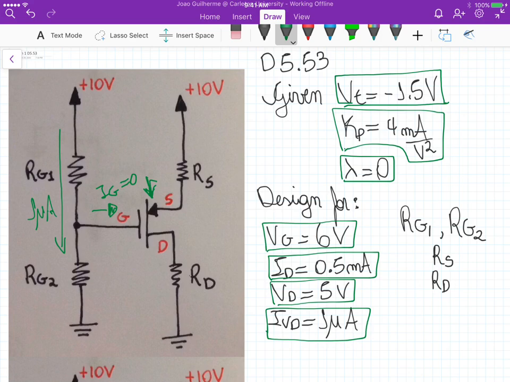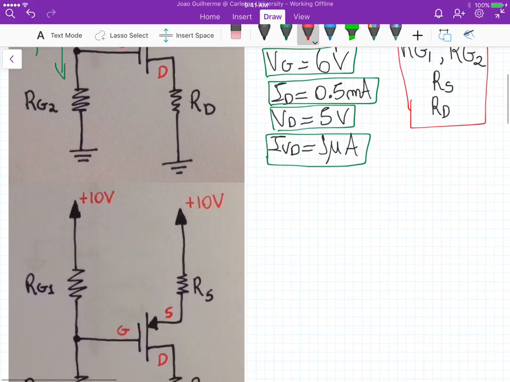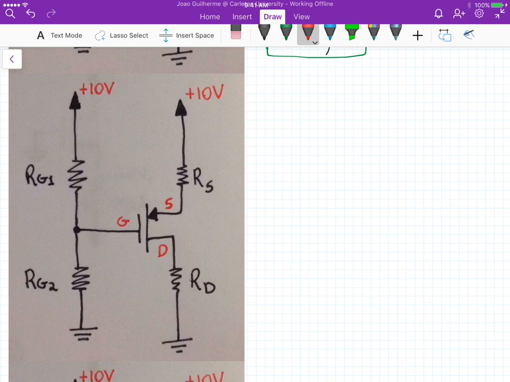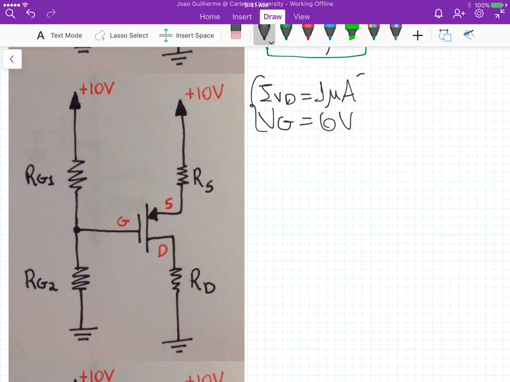So we just need to define those parameters here. If we start with RG1 and RG2, we know that the current at the voltage divider is 1 microampere, and that the voltage at the gate should be 6 volts. Those are the parameters that we have to design RG1 and RG2. Now if we look at the circuit, the voltage at the gate, VG, is actually the voltage across RG2.